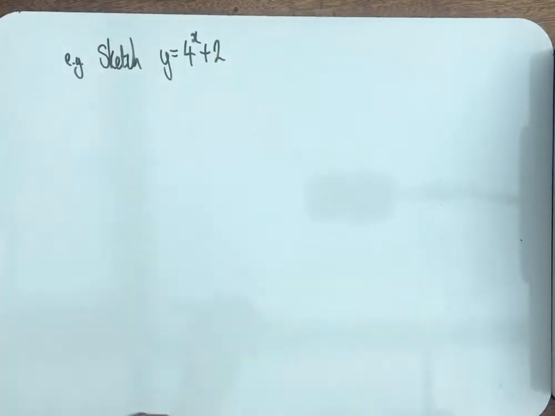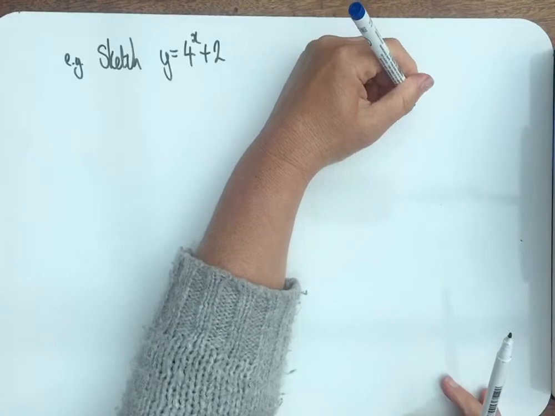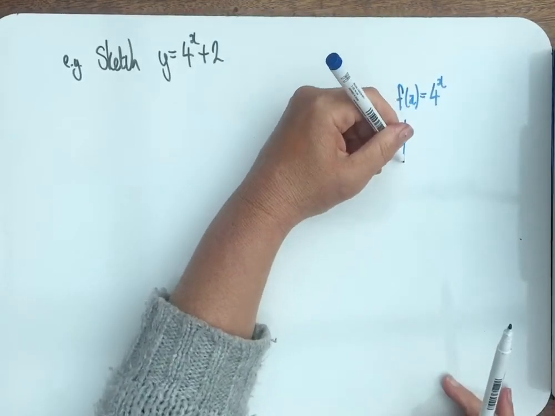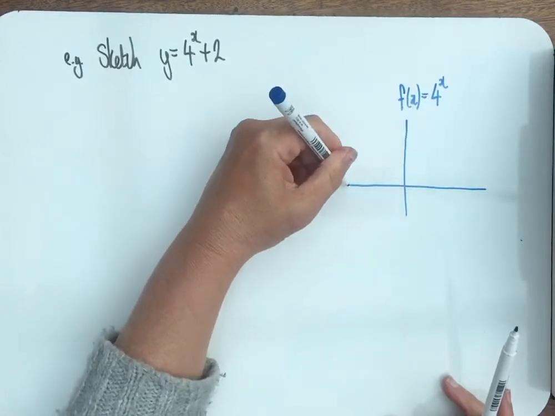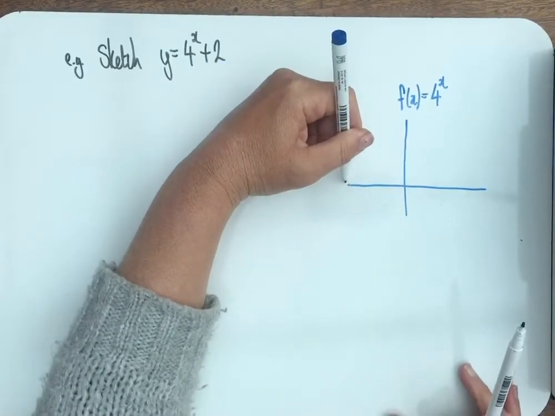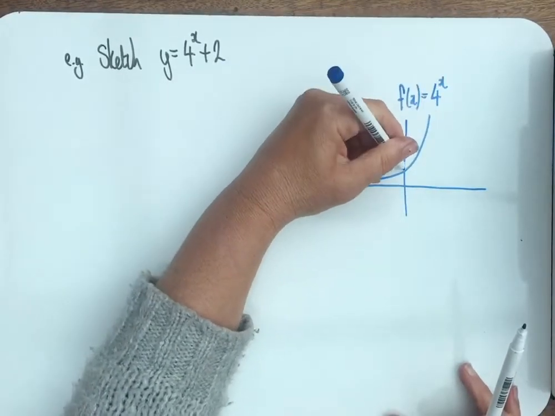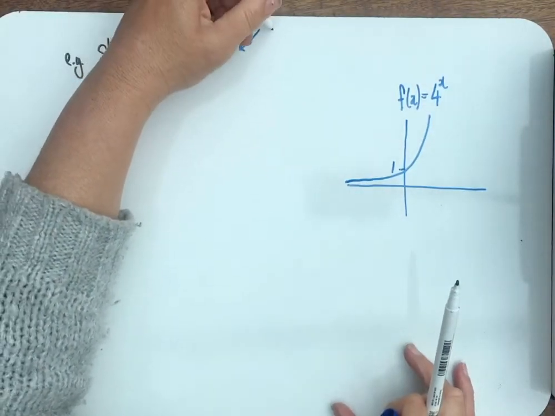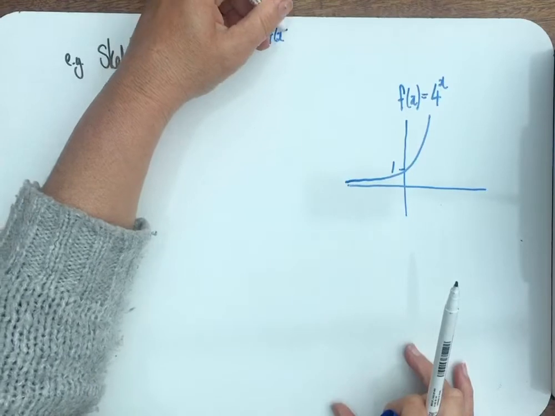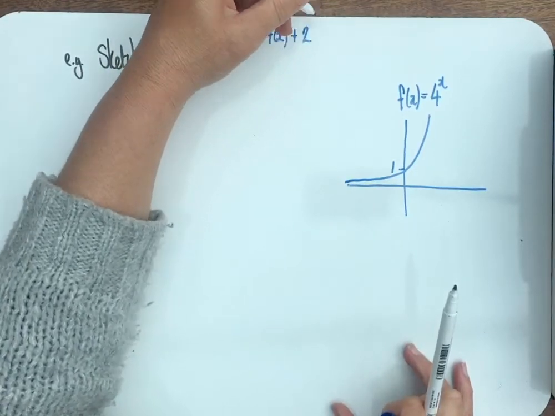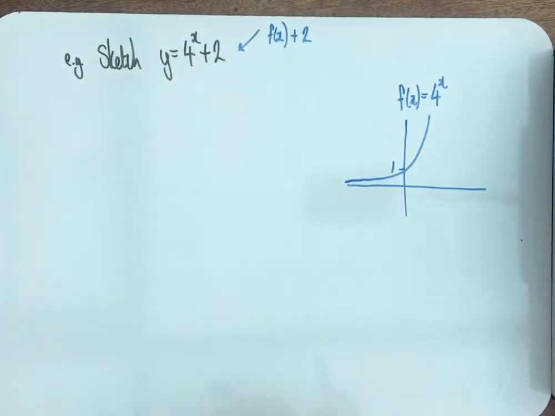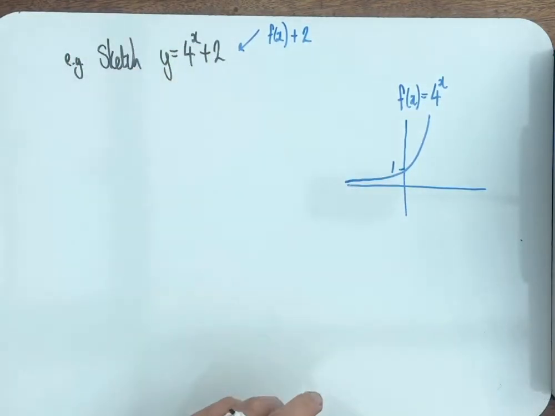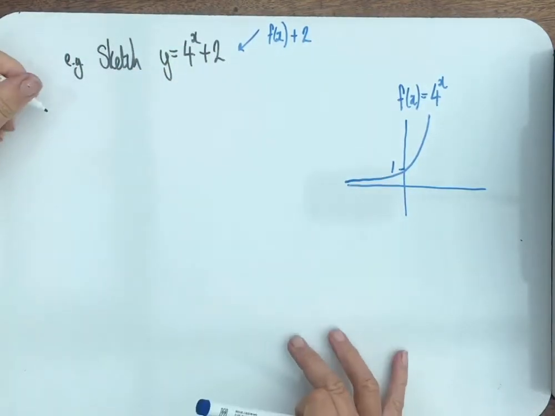So similarly, if we think of f of x as being 4 to the x, that's going to look similar to 3 to the x, so it's exponential growth going through 1. This here now is f of x plus 2. So this graph here has been moved up by 2 to get to this graph here.